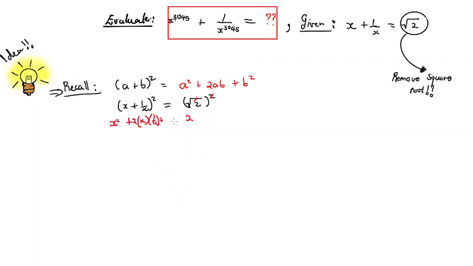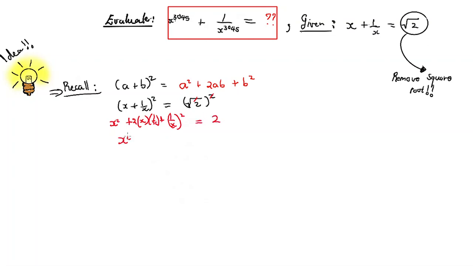Let me erase this. Then we have 1 over x squared, equal to 2.